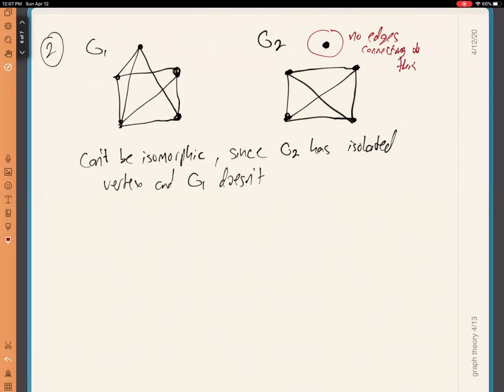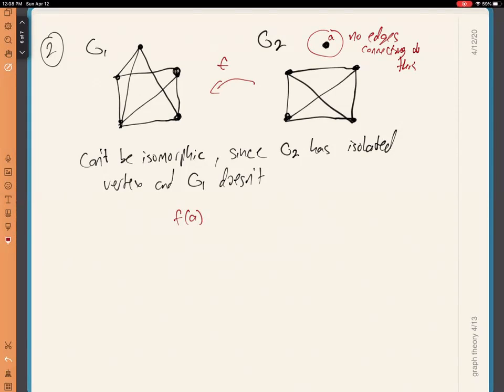Let's suppose we had an isomorphism from G1 to G2, then I would need some function from the vertices of G1 to G2. But remember that for any bijection, you can always look at the inverse. So it's the same as assuming that there would be a bijection from G2 to G1 that preserves the edge relationships. Let me call the isolated vertex in G2 A. Suppose I had this function f. What am I going to send f of A to?